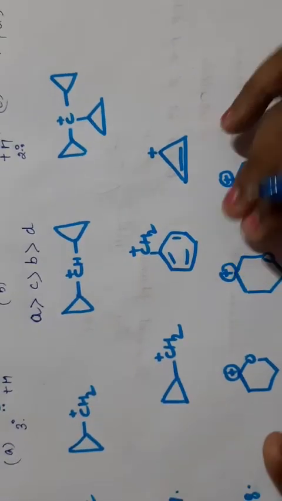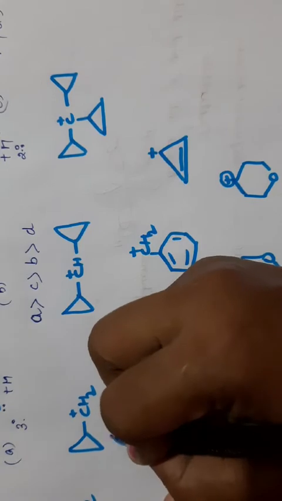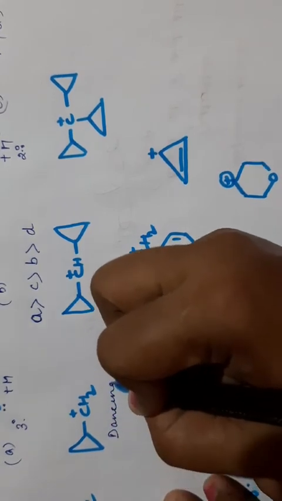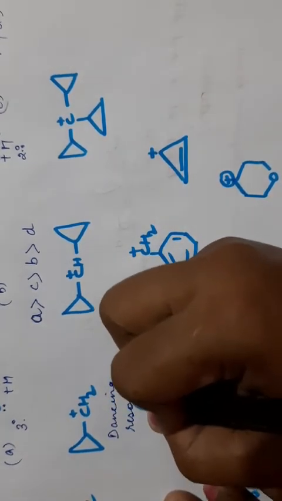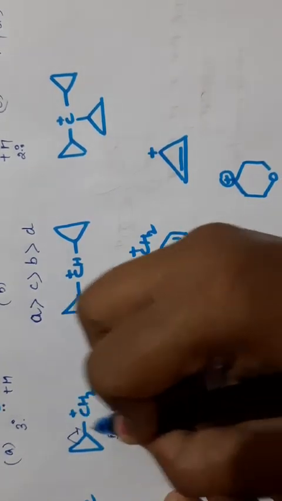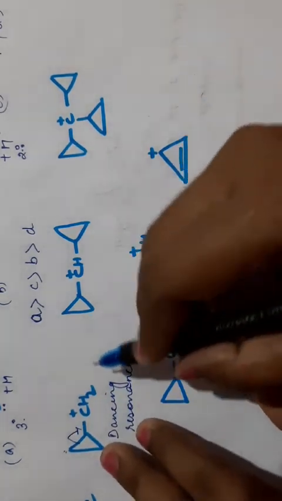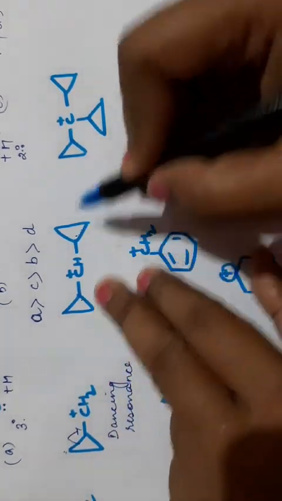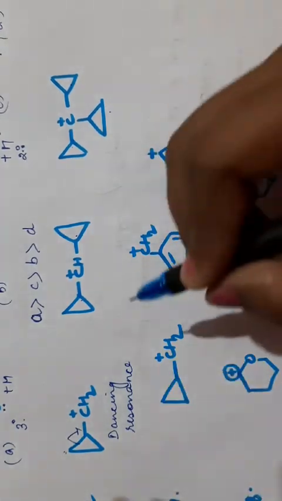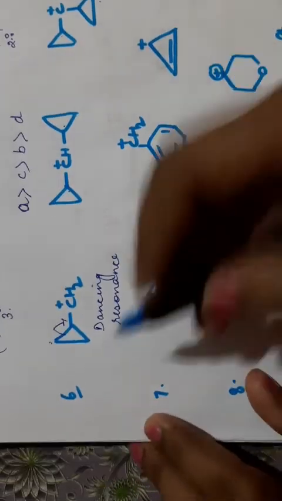Coming to the next one, this structure is special because it shows dancing resonance. Dancing resonance is a type of resonance in which there is a shifting of sigma electrons. So here this electron may shift here, it will become a pi bond and the positive charge will shift here. Now there is one structure here, two such structures and three such structures. Dancing resonance will stabilize the carbocation. It is a type of resonance only.